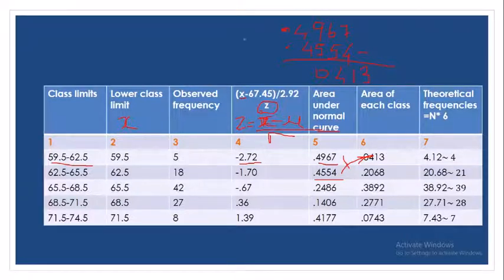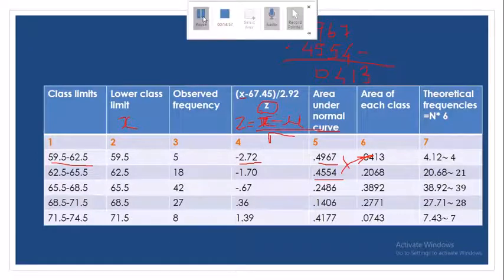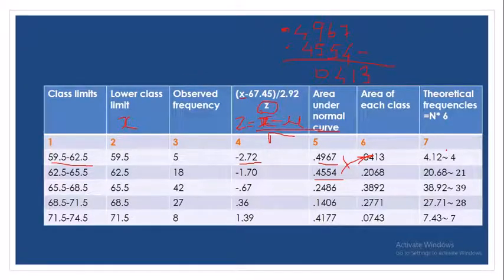How will you find the next value, that is 0.2068? You have to again subtract 0.2486 from your previous value, that is 0.4554, in order to get 0.2068.